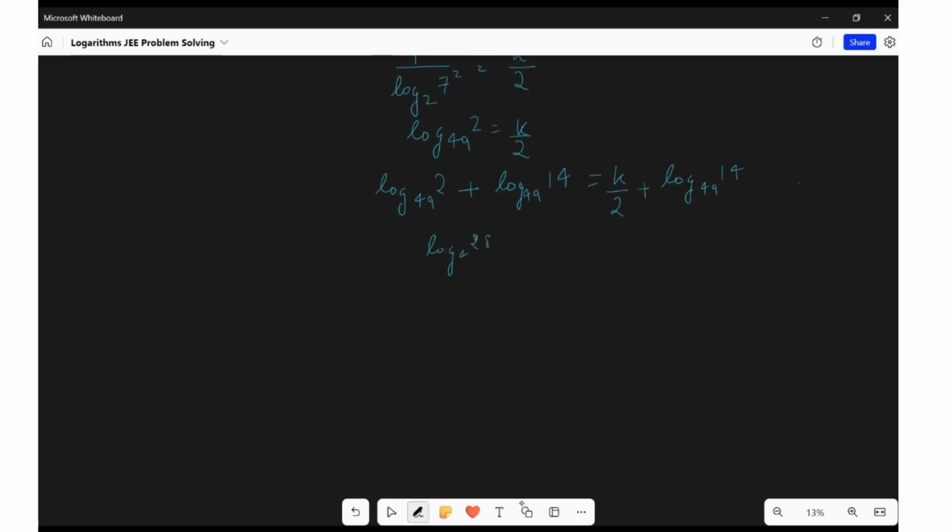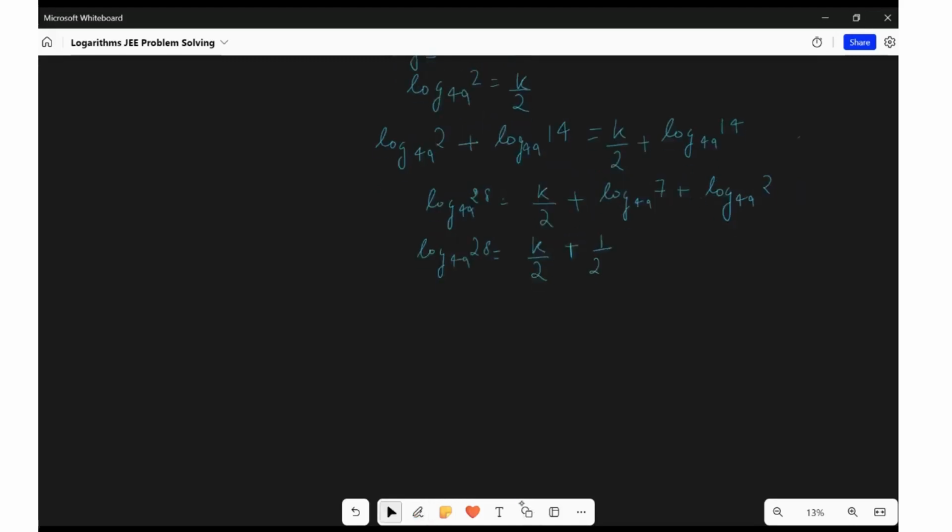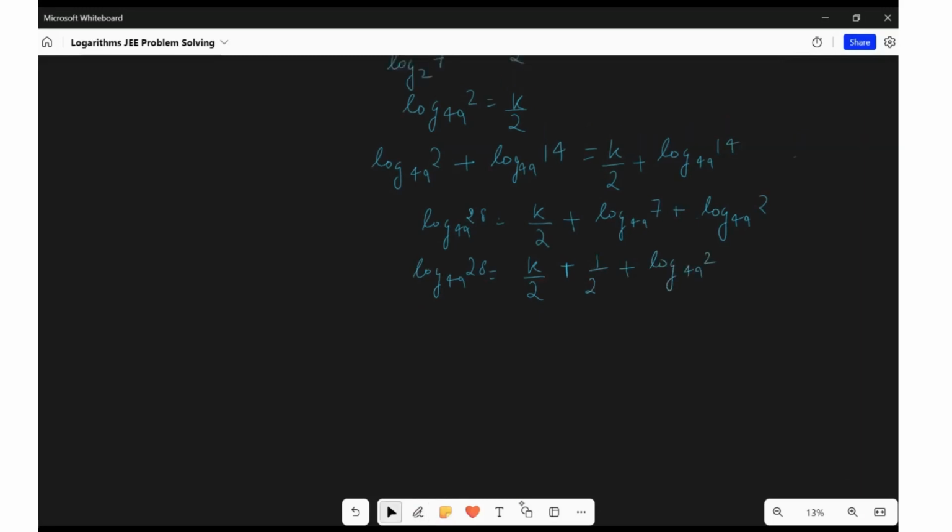So log 28 base 49 is k by 2 plus, as 14 is 7 into 2, we can write this as log 7 base 49 plus log 2 base 49. The log 7 base 49 is half, since root 49 is 7, right? Plus log 2 base 49.